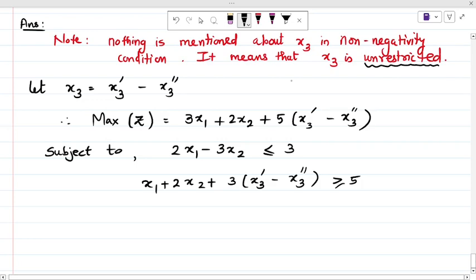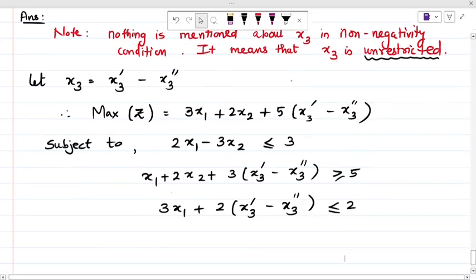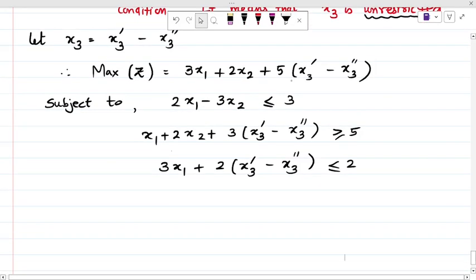The next one, there is again x3, so we change that part also. So here it is 3x1 plus 2x3, which is now going to become x3 dash minus x3 double dash, less equal to, okay. And now what do we write about non-negative conditions?